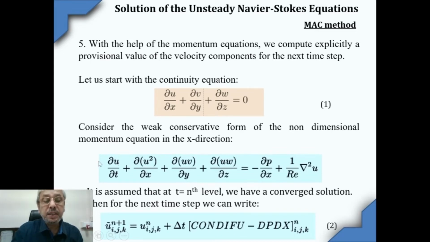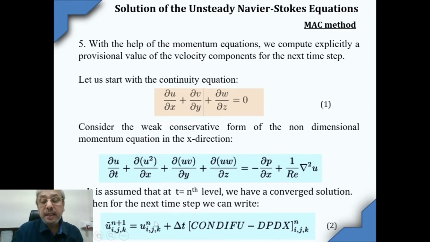Basically del u del t is u_ijk at n plus 1 minus u_ijk at n by delta t, equal to all these terms which we are calling condiff u and dp dx. So u_ijk at n plus 1 is basically delta t into all these terms plus u_ijk at n.